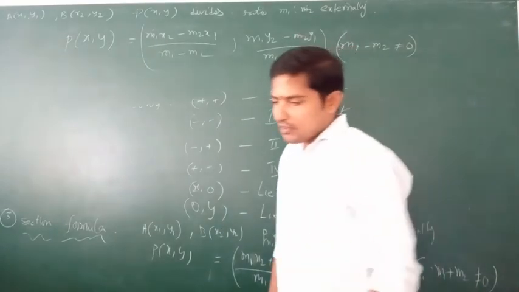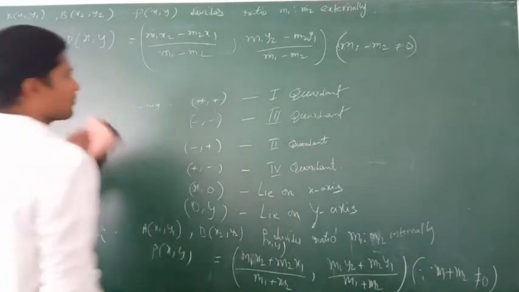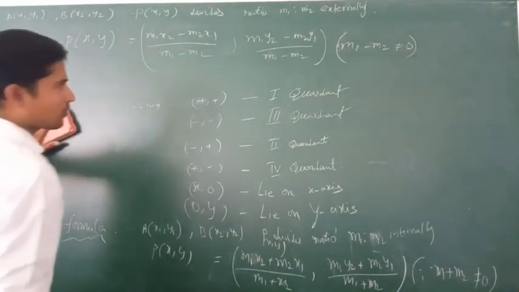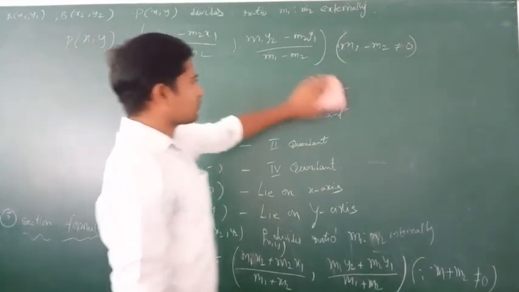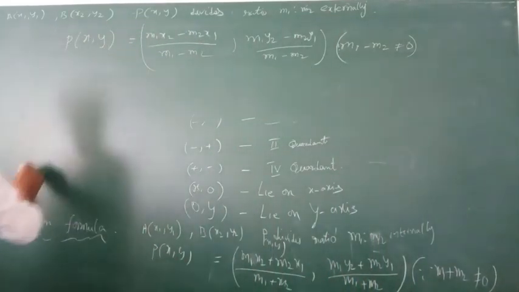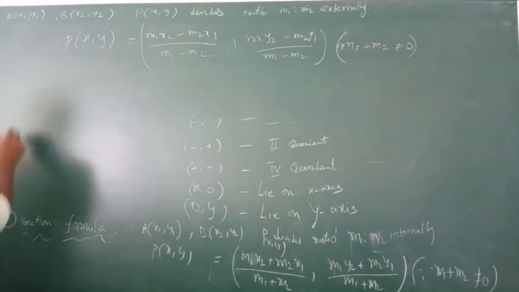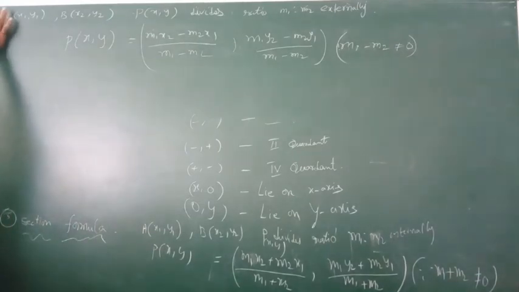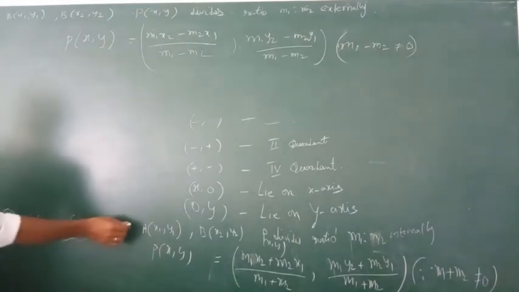And one more, what we discussed here, trisection points. This is formula number 5, with two sub cases, internal and external.